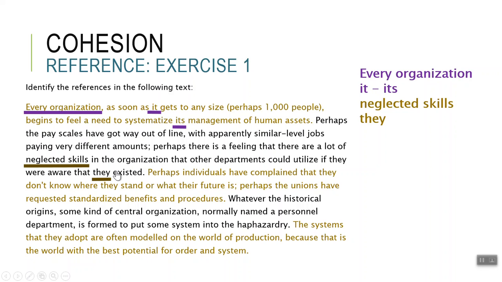So what is this they? It has no meaning standing on its own, so you know there's another they here. Could utilize if they were aware that they existed. So this they actually is a different reference, because this they refers to this, and this they refers to the other departments.